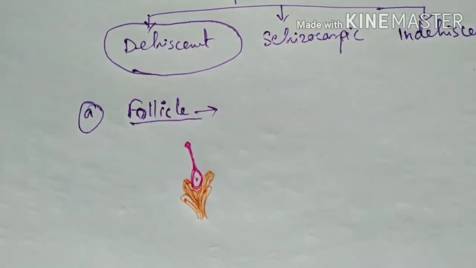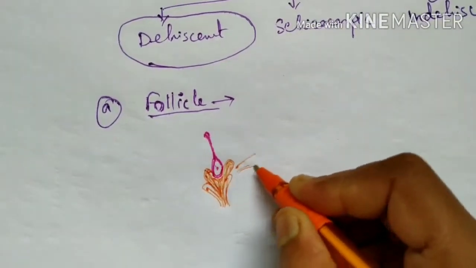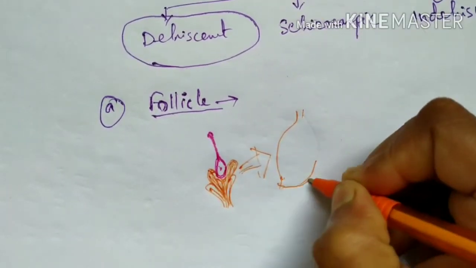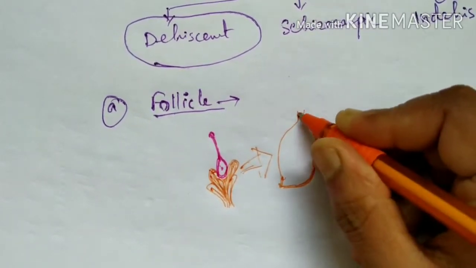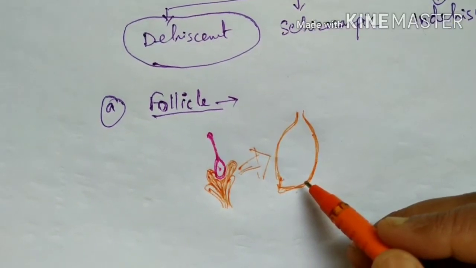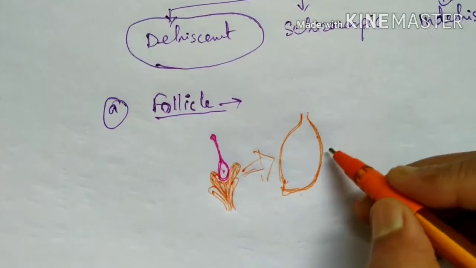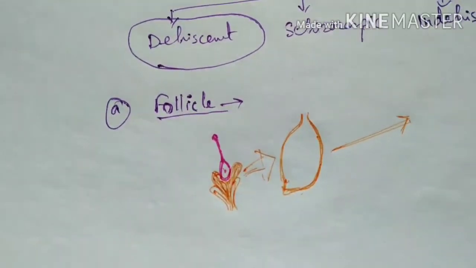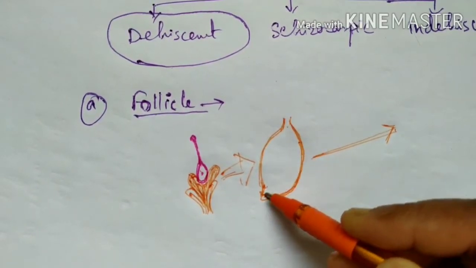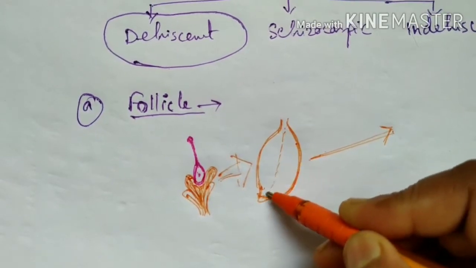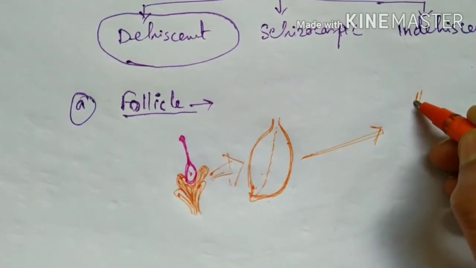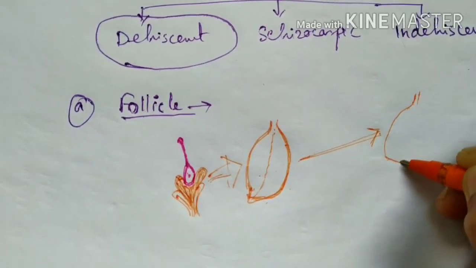In the case of follicle, after producing fruit and the fruit ripens, it breaks down along the ventral suture, the ventral side or ventral joining, and splits into a single segment like this.